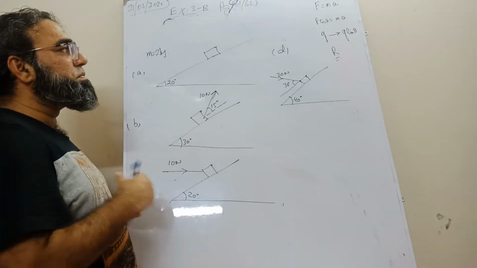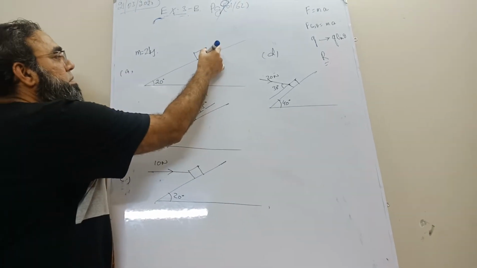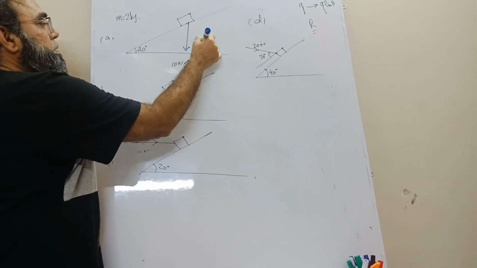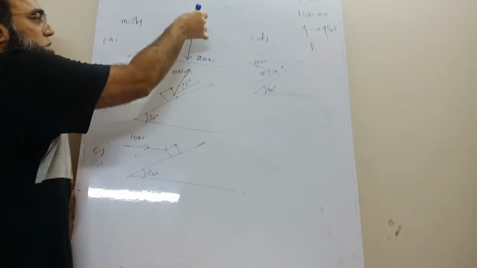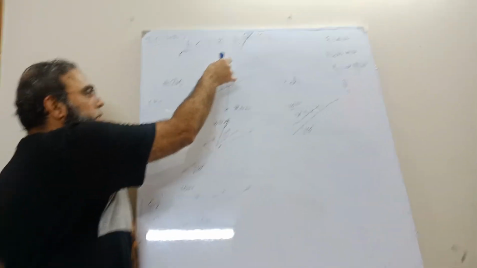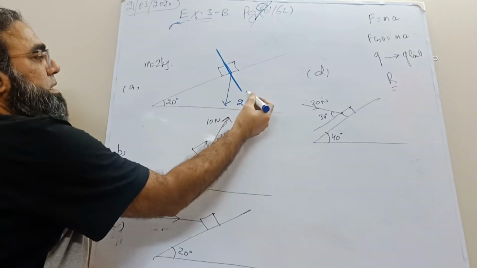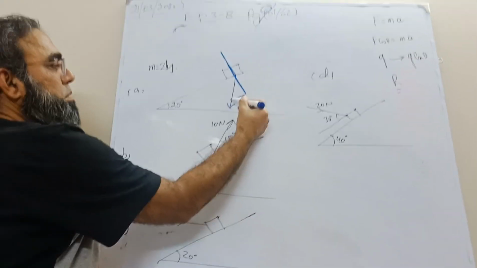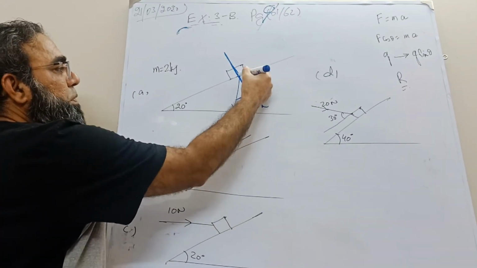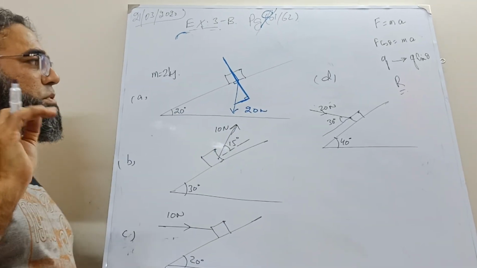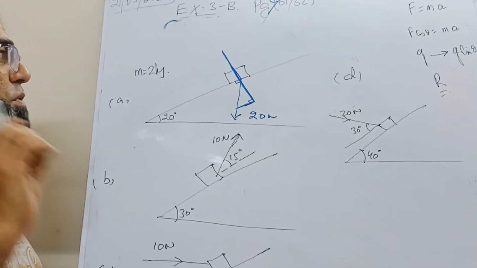So I'm supposing you have tried it, so you should have shown weight over here. This is the weight, which is 20 newtons, okay, and you keep your pencil over here, you draw a line perpendicular to this surface, and then here you draw a line. Now if you maintain a right angle over here and a right angle over here, you will have a good force diagram.